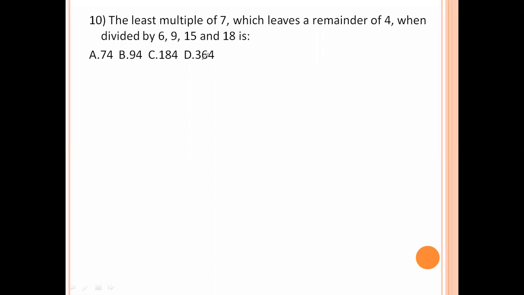So 7 times 5 is 35, carry 1, 14, 7. So this is a multiple of 7. Divide by 6, we get remainder 4. Divide by 9, remainder is 4. Divide by 15, 15 times 4 is 60, remainder 4. 18 times 2 is 36, remainder 4. So in all these cases we get remainder 4, and it is also a multiple of 7. Option D is the right answer.